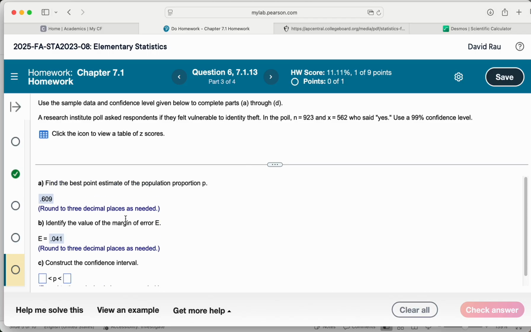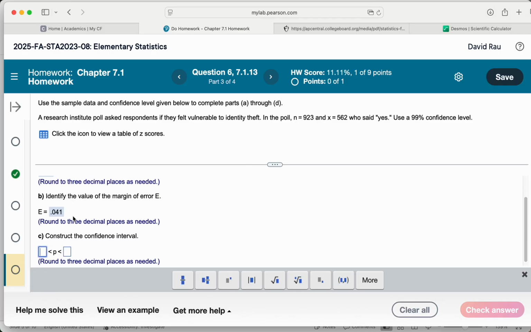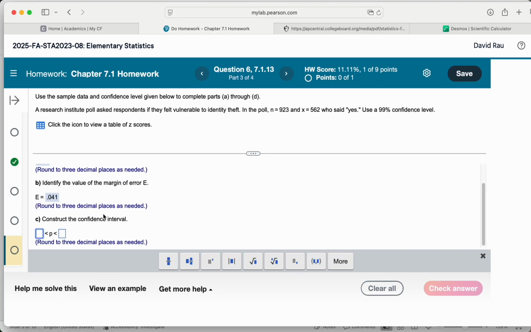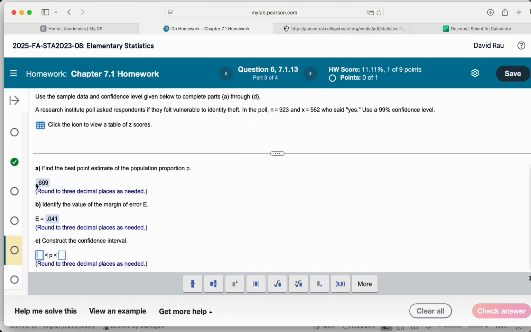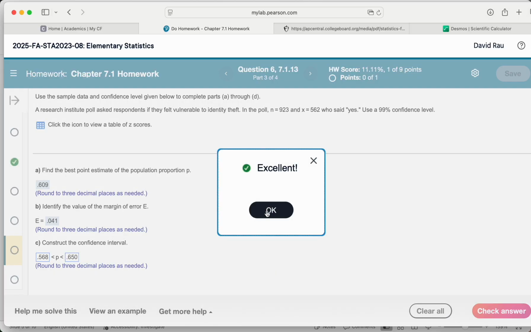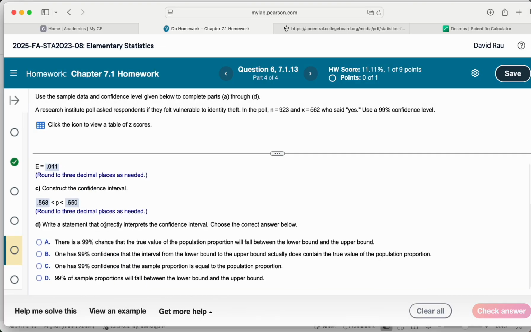Next, they want you to construct the interval, and that shouldn't be too bad because it's literally just my point estimate minus this value, my point estimate plus this value. So give me a minute while I do some mental math. I think it would end up being that because of the way I'm subtracting, and then that would be 0.650. Pretty sure. Great. I can do it by mental subtraction.